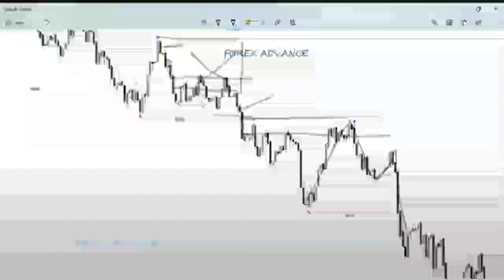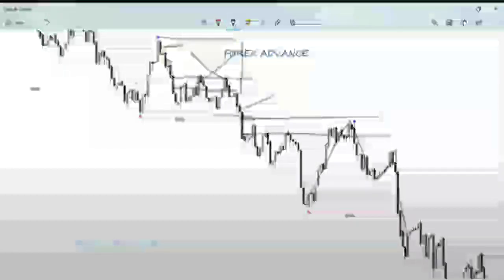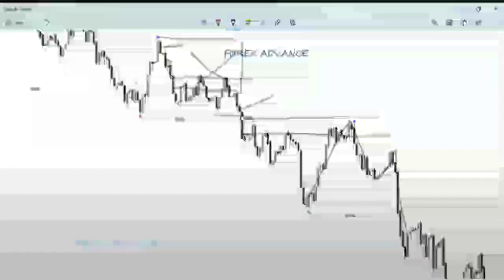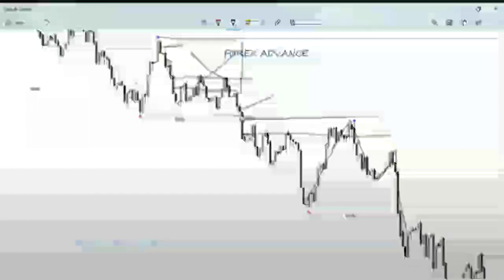If you see a minor pullback but there is no inducement, then you cannot take that point seriously, and all the points which are already mitigated are not considerable. So guys, before entering a trade, whether you are selling or buying, you have to gather all these specific points, and after gathering these points you can take an entry.